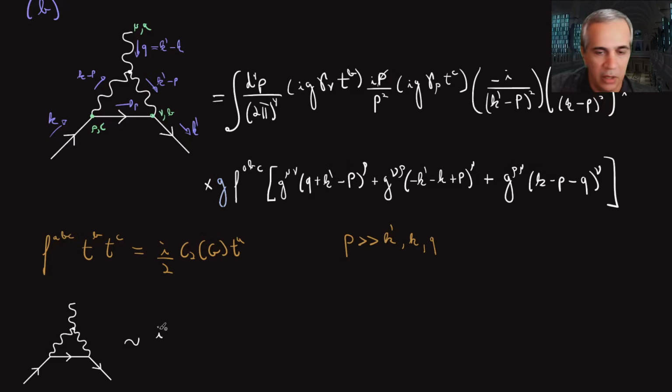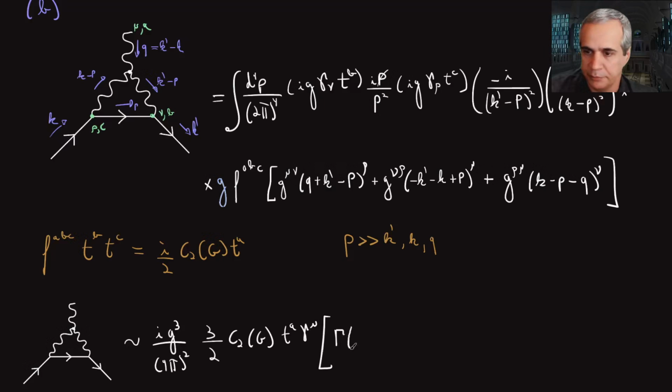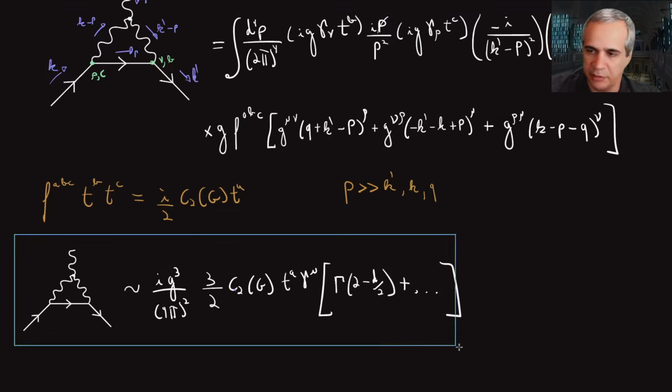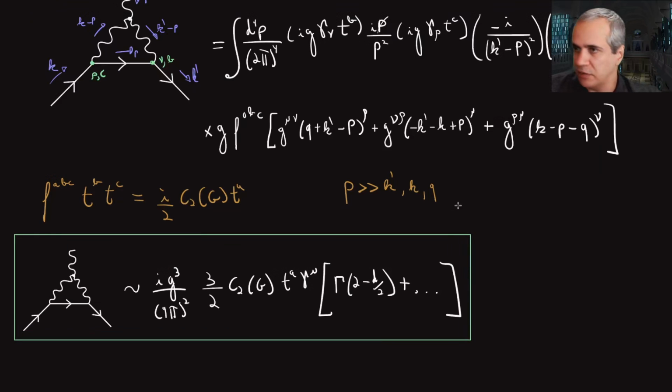So the diverging part will be i g cubed over 4 pi squared times 3/2 of C2G T^A gamma^μ times gamma 2 minus d over 2, plus finite parts. And I'm only interested in the divergent part because I want to find out the counter term. So this is diagram B.